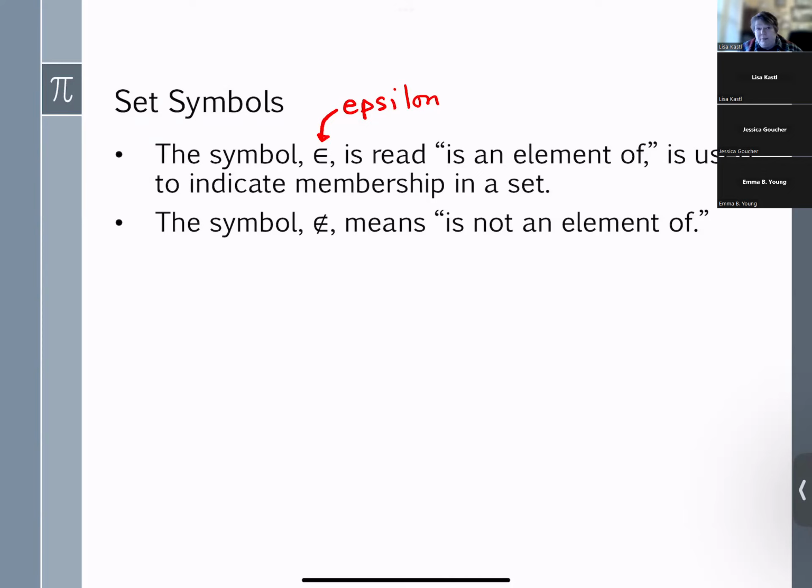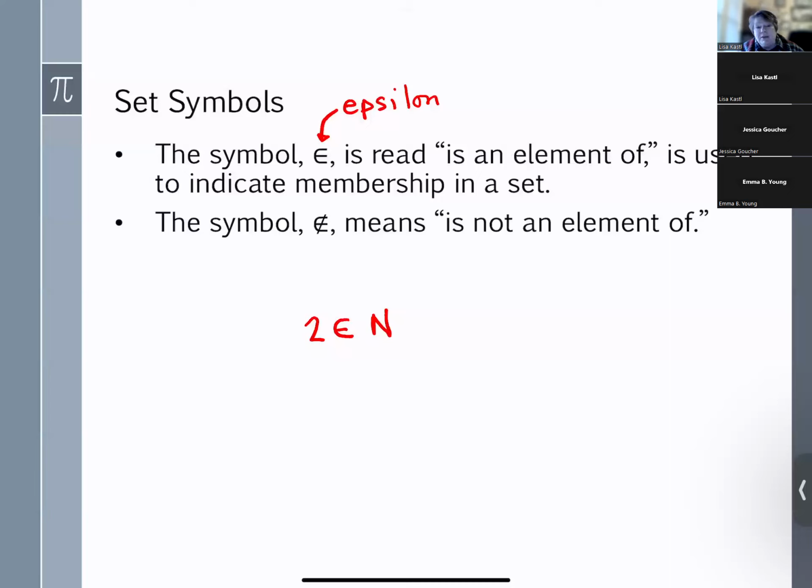So for example, I could write that 2 is an element of the set of natural numbers. 2 is in the set of natural numbers. The natural numbers start at the number 1 and they continue on indefinitely to the right. Just like everything else in mathematics, if we put a line through it, we negate it.